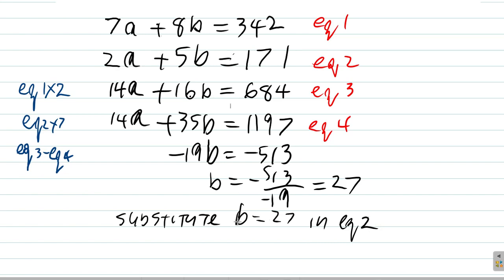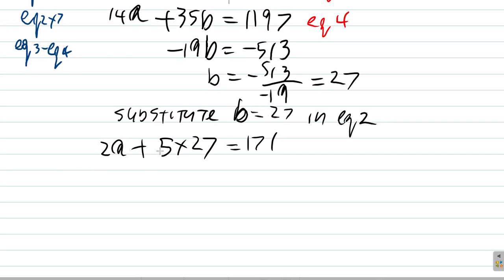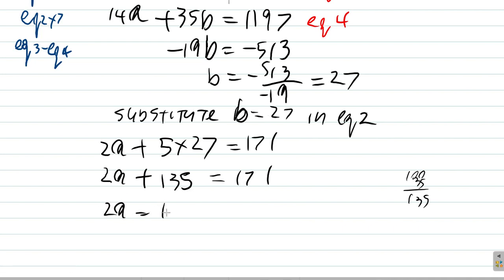So you substitute b equal 27 in equation 2: 2a plus 5 times 27 equal 171. 5 times 27 gives 135. So you get 2a plus 135 equal 171.